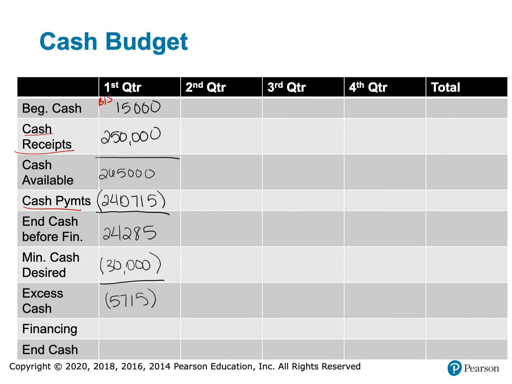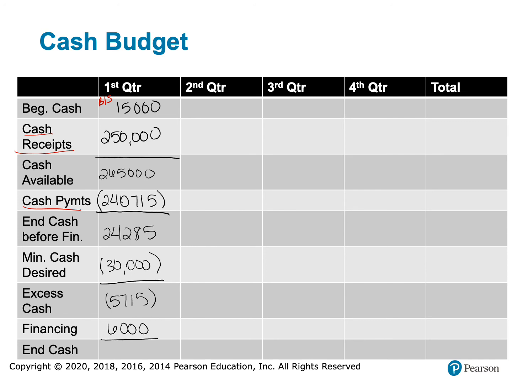So I'm going to have to borrow some money. Now, in order to get us above $30,000 and keeping in mind that we have that restriction that we have to borrow in increments of 1,000, I'm going to borrow $6,000. So $6,000 will get me over that 30,000 minimum and meet the requirement of borrowing in 1,000.